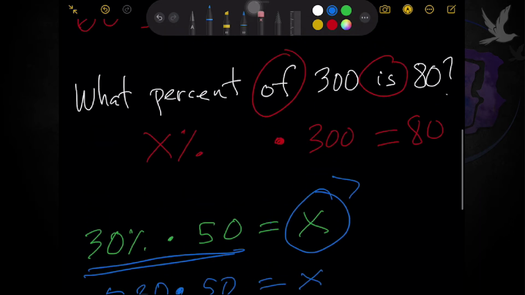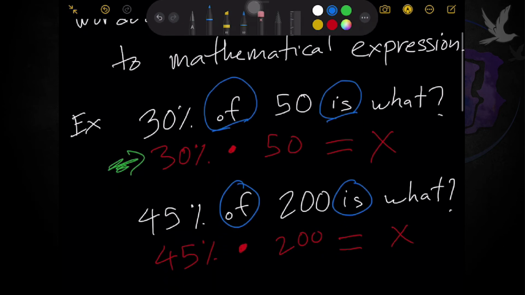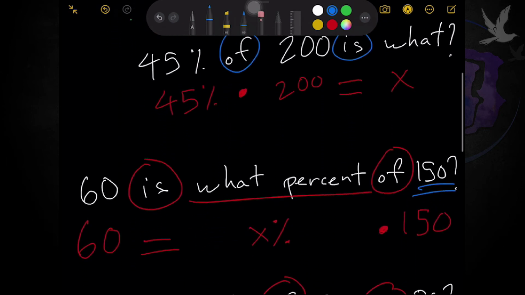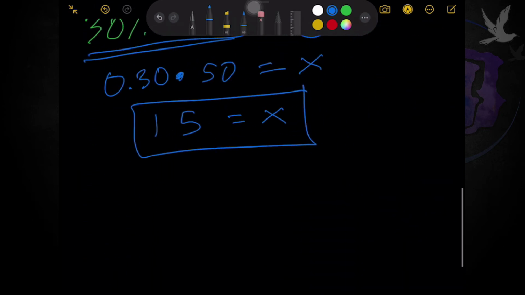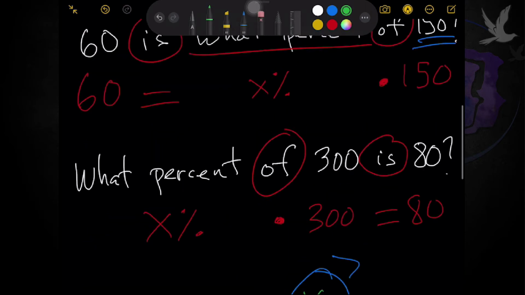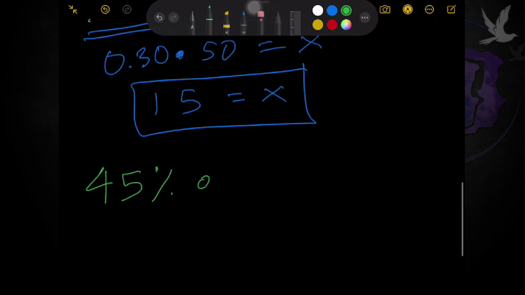Okay, let's take another example. Kunin natin yung second number. Ano ba yun? 45% of 200 is what? Okay. 45%. Let's try to be uniform here. 45% of 200 is, ba't ako nag-write ng sentence, equals x.